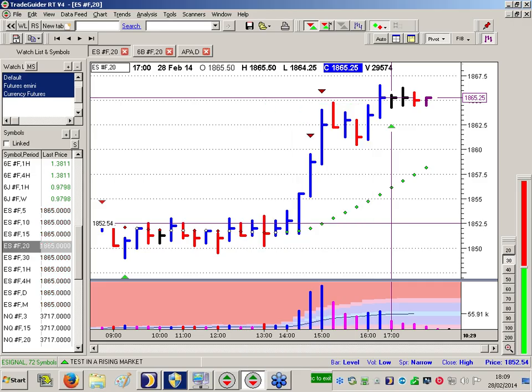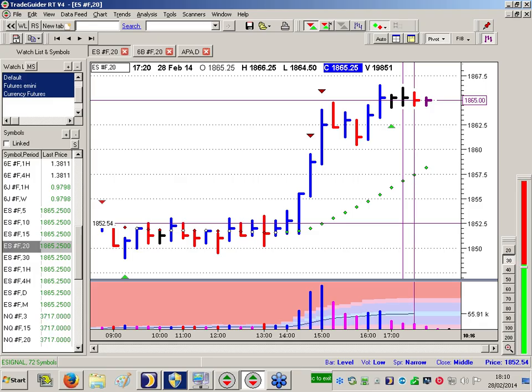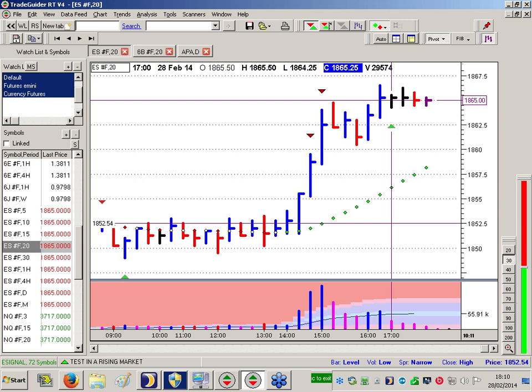Now the thing is, if you see a test like that in a rising market, you would expect immediate higher prices. And we don't see immediate higher prices, look. So that's telling you a story. The market's opened itself up, saying, okay, you can go up, but it refuses to.